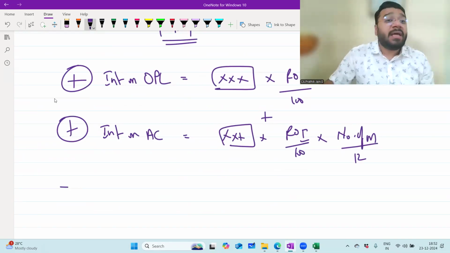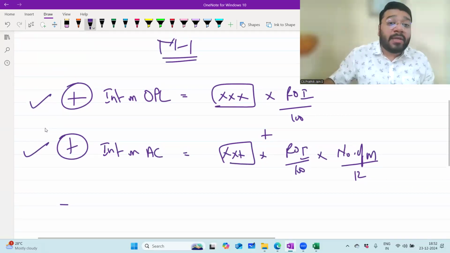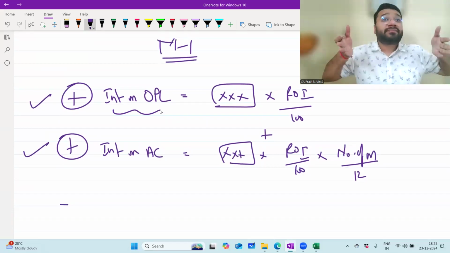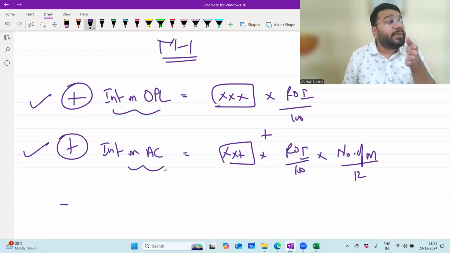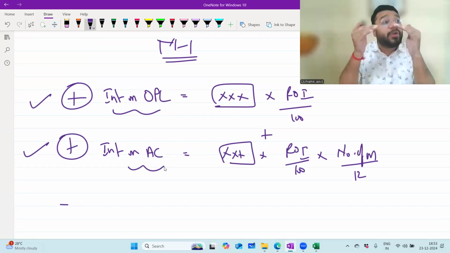Drawing against capital means either opening capital or the additional capital; somewhere in the middle, you would have removed it. But while calculating the interest on opening capital, you assumed this money was used from the beginning till end, for the 12 months. Additional capital interest, you calculated from the date of introducing it till the end of the year. But sometimes you withdraw the money in between.